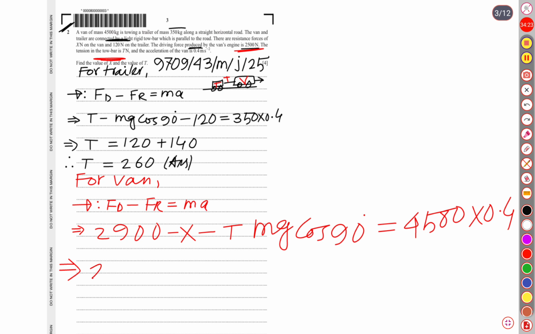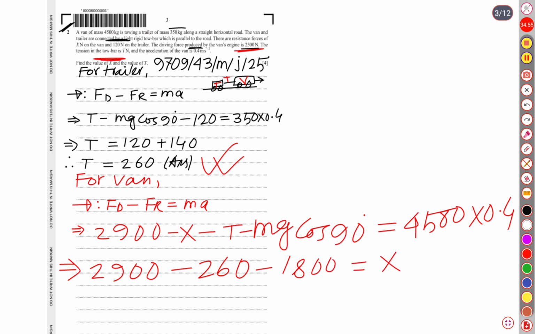Then our value is going to be 2900 minus tension, which has already been obtained, 260 Newton, and cos 90 is 0, so there is no force due to weight. After that, if we multiply 4500 by 0.4, it is going to be 1800, and X, the frictional force, will go to the other side.